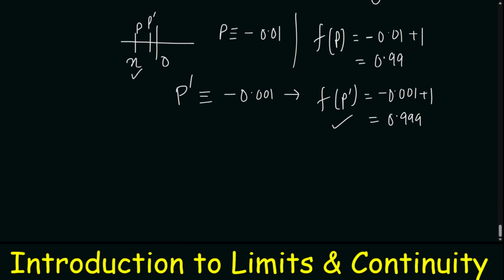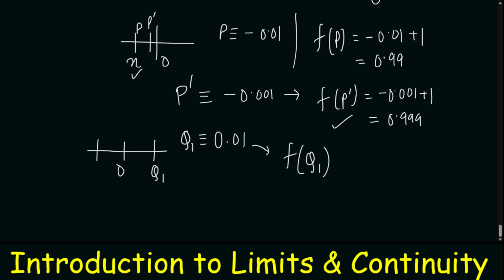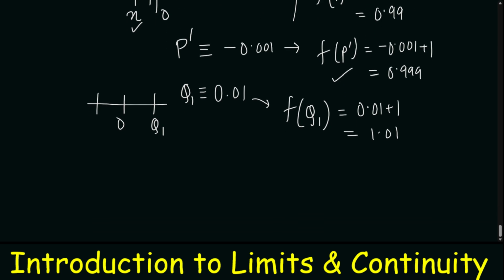Now let us try the same thing but from the right hand side. So now let's say there is this interval which we were talking about, and x is at this point q1, where q1 is nothing but 0.01, which is very close to 0 but not 0. In this case, the function would be simply 0.01 plus 1, which is nothing but 1.01. Again, this is closer to 1, but it's not 1.